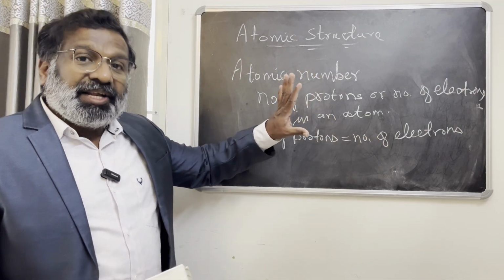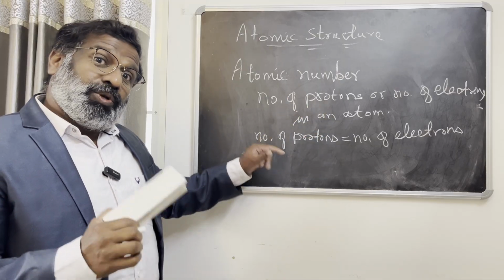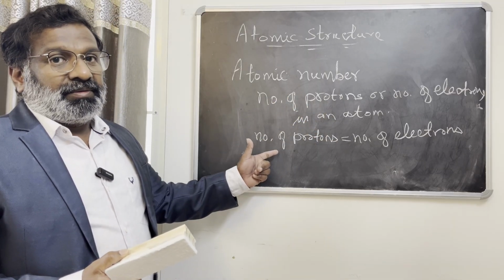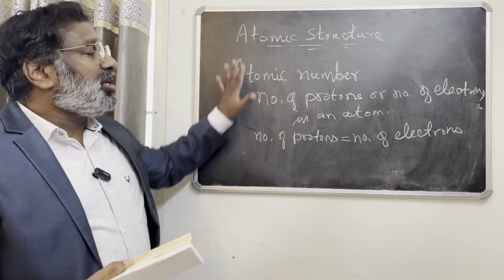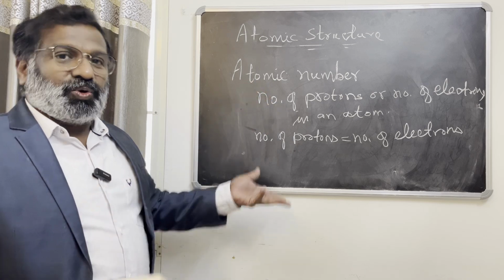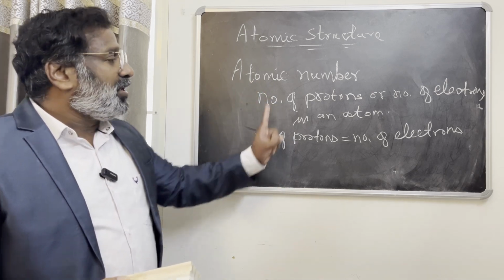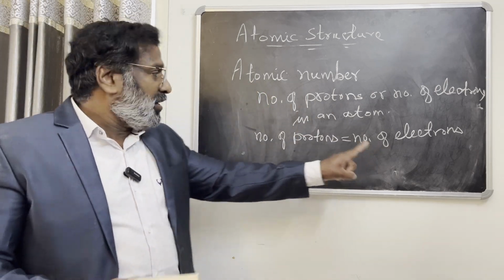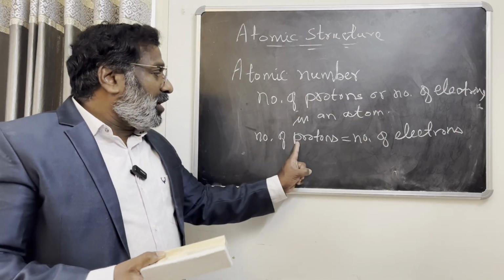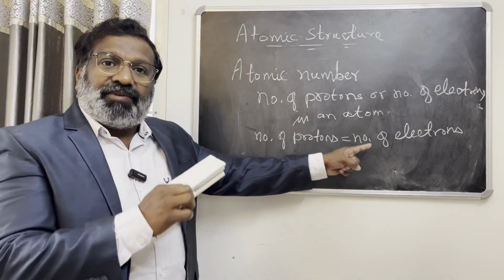The protons and electrons have equal charges, but they are of opposite sign. So what is the net charge, the total charge in an atom? It will be 0, because the number of protons is equal to the number of electrons and the charge of proton is equal to the charge of electron, but proton has positive charge and electron has negative charge.